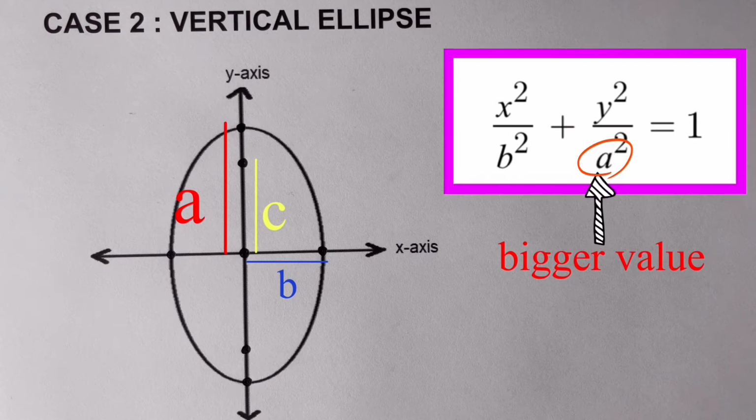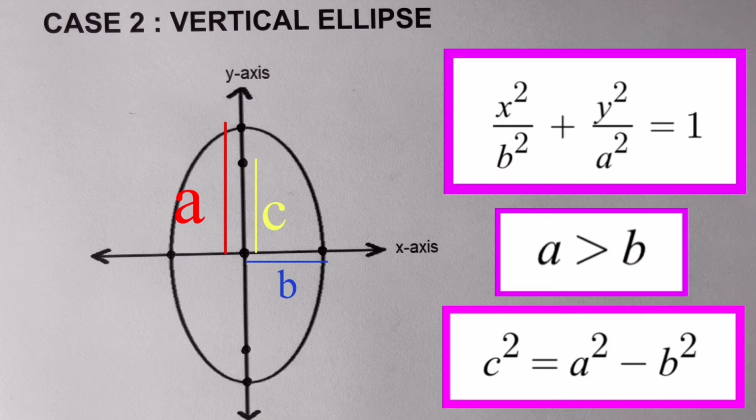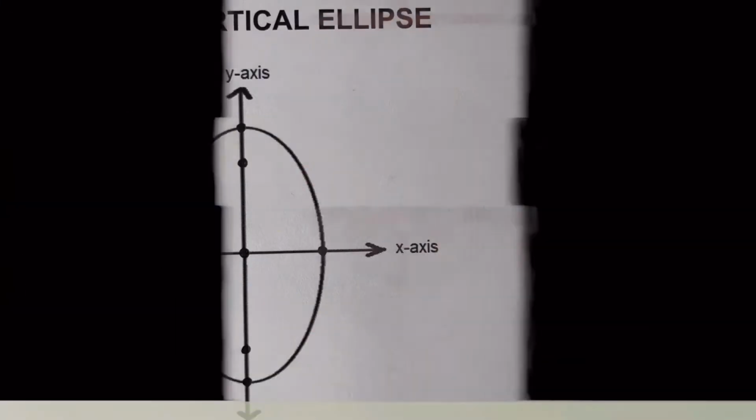And we also remember that A is always greater than B. Now to determine the length of C, we are going to use the equation c squared equals a squared minus b squared. So these are the parts of an ellipse, and these are the two cases of an ellipse. Now let's go back to the problem.